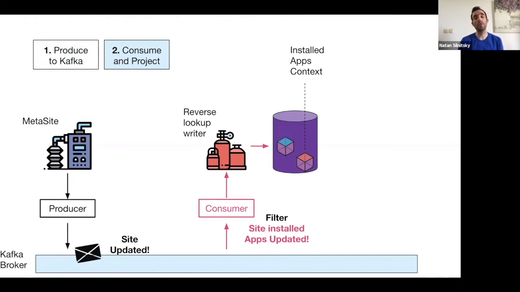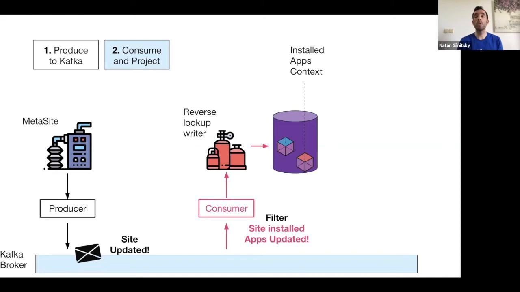And when it consumes this message, it only takes the apps installed context, it filters only that context, and it puts only that information into its own database. So it projects only what it requires for the database, and it has the installed apps contexts that are able to read from the database.